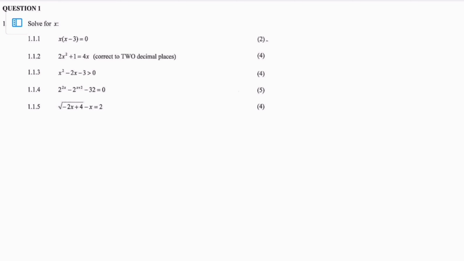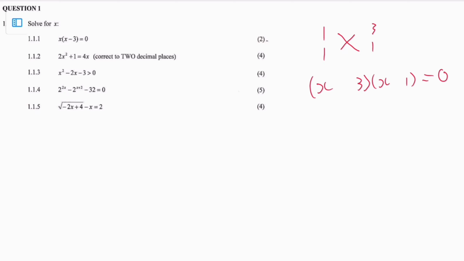Okay, so question 1.1.3, they ask you x squared minus 2x minus 3 greater than 0. So we'll just quickly factorize this. 1 times 1 gives me x squared, and 3 is a prime, so it's only 3 times 1 that can give me 3. So here I have x and 3, x and 1, equal to 0.